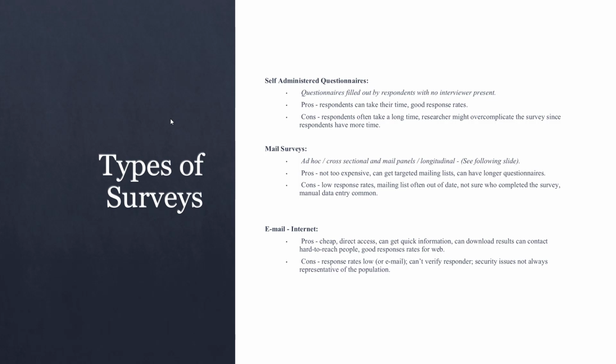You don't know who filled out the survey. Also, the survey has a problem of sampling bias, meaning that you're not representative of the population. Okay, so this is this category. We're going to dig deeper into it in chapter 7, talking about online research.